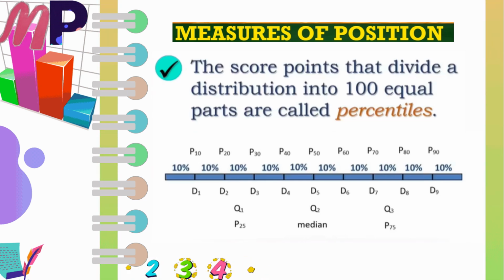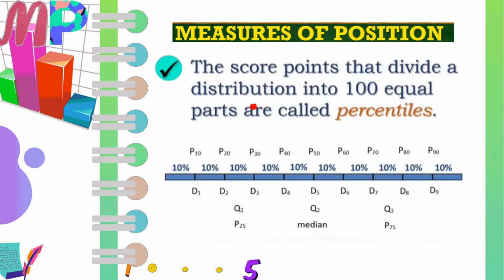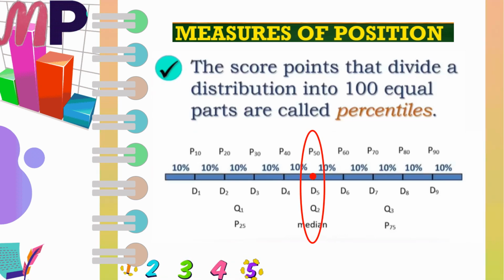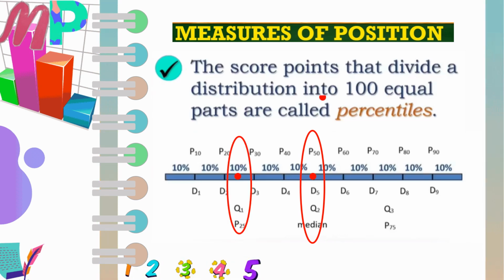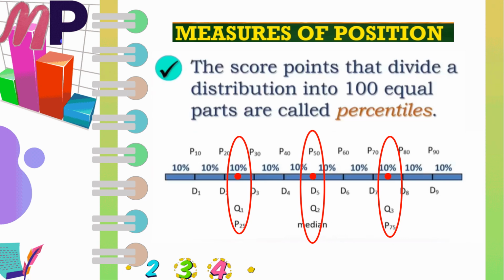Observe that P sub 50, D sub 5, Q sub 2 are all the median of the distribution. Likewise, Q sub 1 is equal to P sub 25, and Q sub 3 is equal to P sub 75.